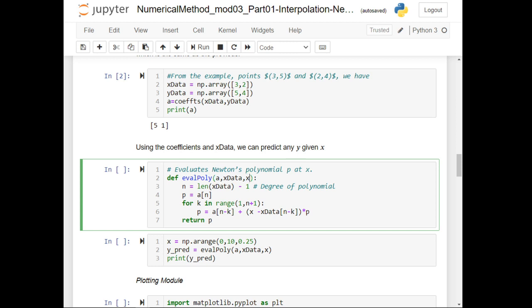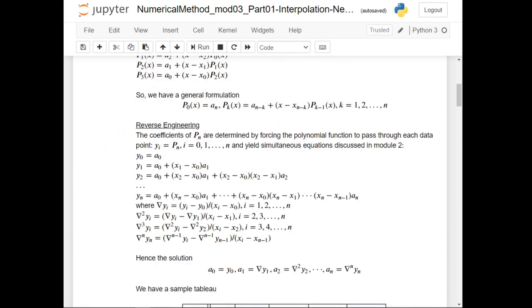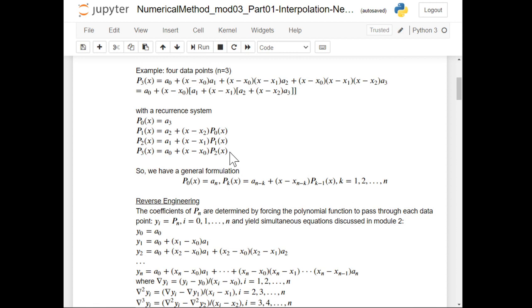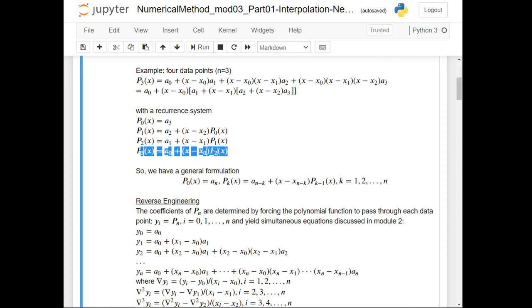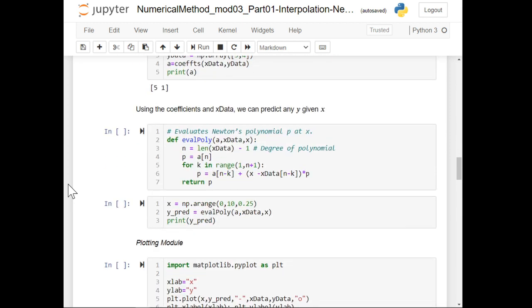Okay, so here you can see this is the original function p. If you look again at this reverse engineering, this is the original one, the recursive function. Actually this is from the general formulation, a of n plus this one here. So go to that eval poly.